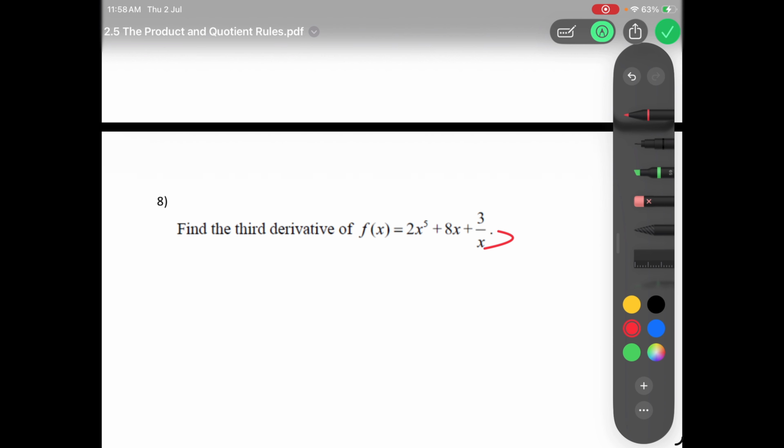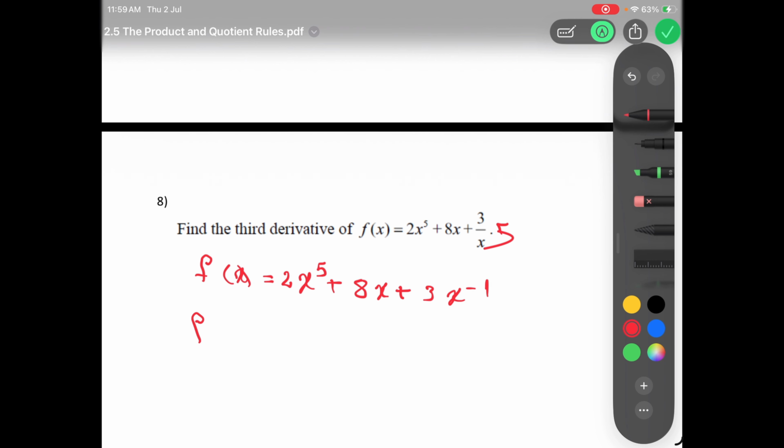Okay, and if we do move this to the top, it will be like so. This is f of x, not f prime. This is f of x equals 2x to the power 5 plus 8x plus 3x to the minus 1.